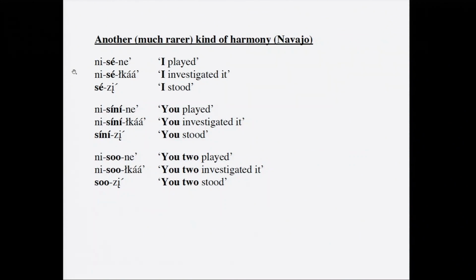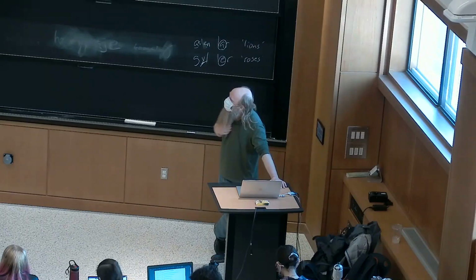So there's a morpheme se that's showing up in the first three verbs, which tells you that the subject is I. And there's a morpheme sini in the next trio of verbs that tells you that the subject is you. And then there's a morpheme sol in the last three verbs that tells you that the subject is you two. It's you dual.